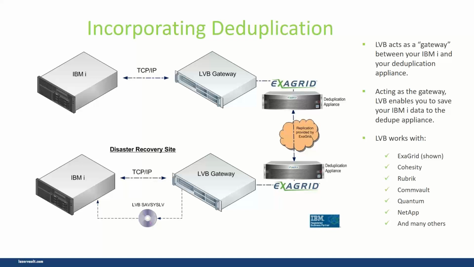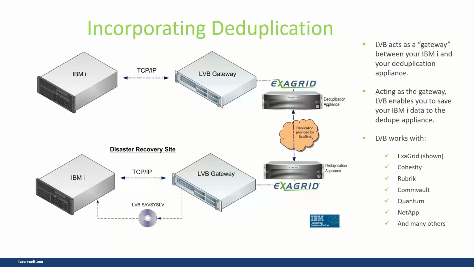Now this product can do a save sys. This is, I believe, option 22 or 23 on the Go Save menu. So it can do a save sys, and it can save that to LaserVault. To IPL from that save sys, you would have a DVD created with those files and use that to bare metal restore an iSeries system with your OS.